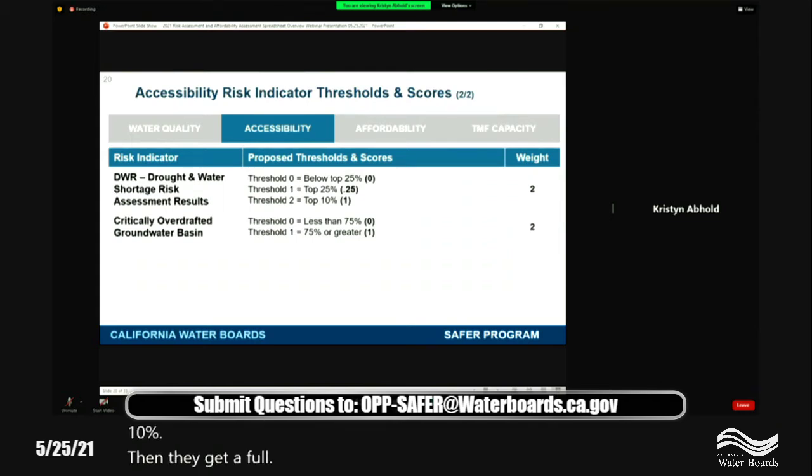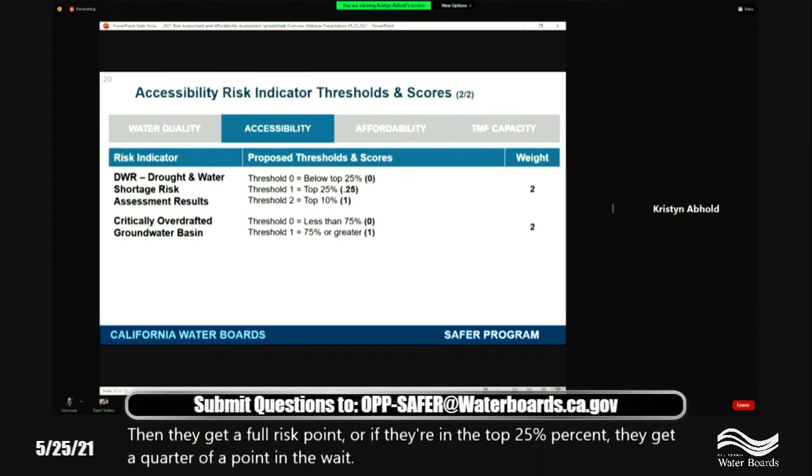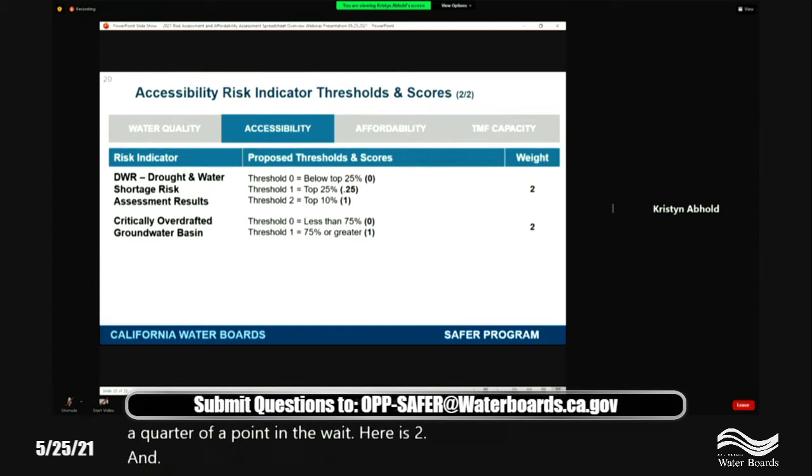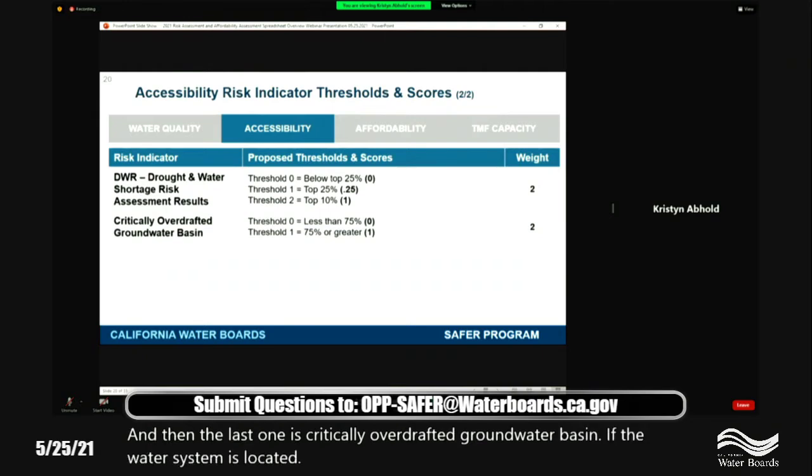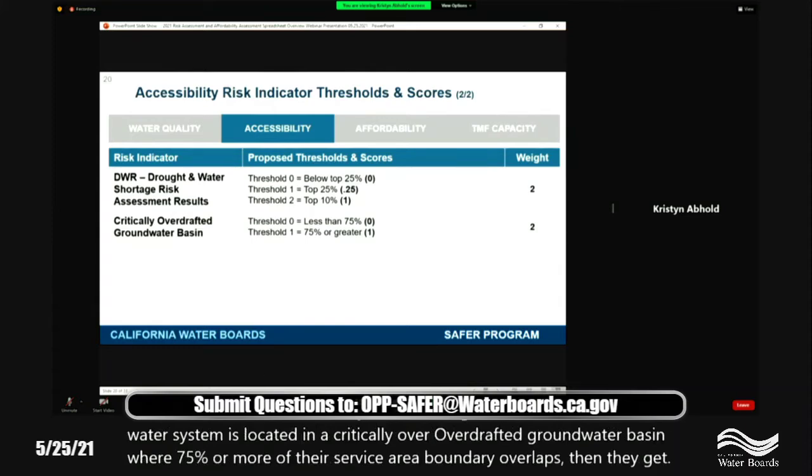Or if they're in the top 25%, they get a 1/4 point. And the weight here is 2. And then the last one is critically overdrafted groundwater basin. If the water system is located in a critically overdrafted groundwater basin where 75% or more of their service area boundary overlaps, then they get a risk point.